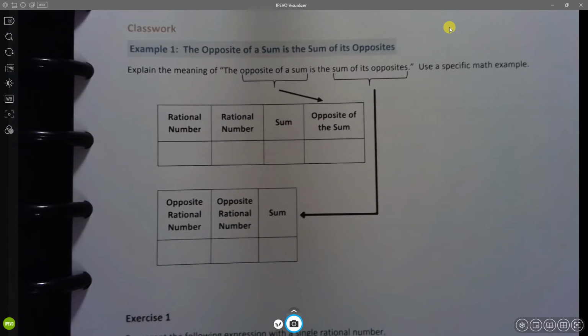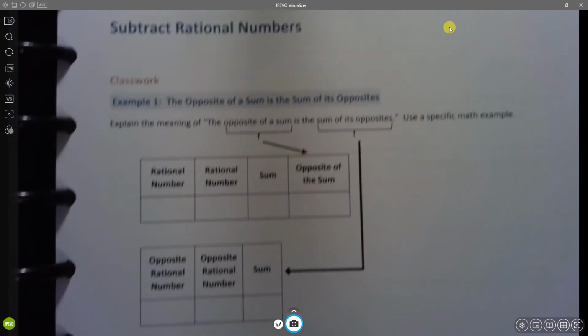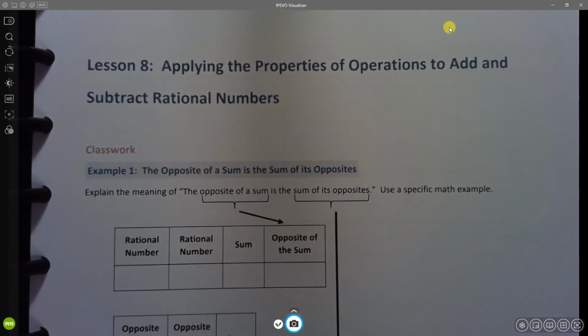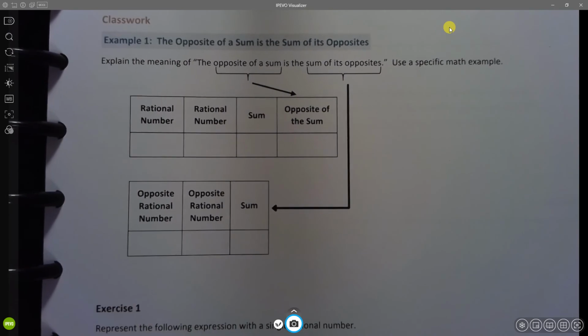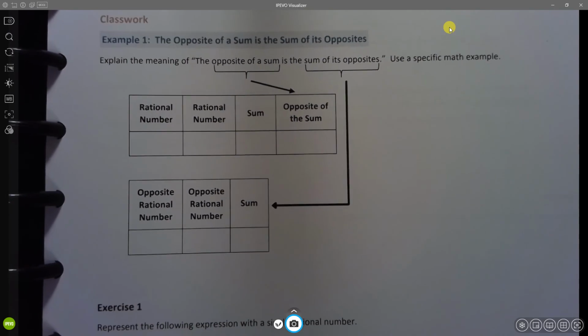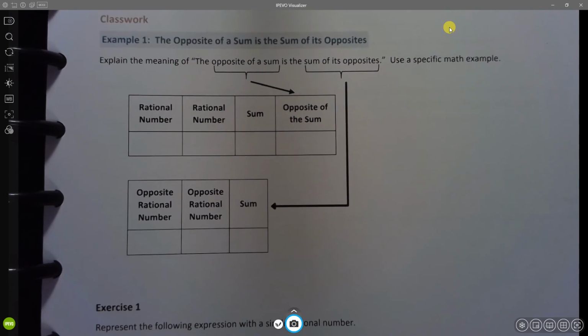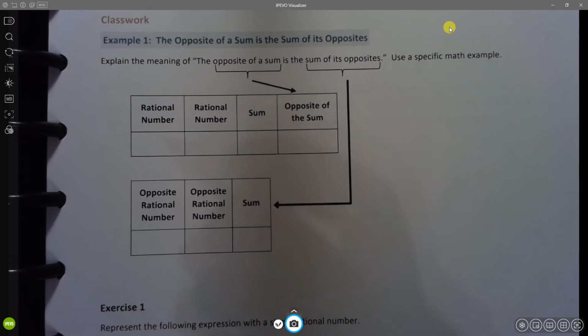All right, so classwork. Well, actually, let's look at the lesson title real quick. We're applying the properties of operations to add and subtract rational numbers. Okay. So example 1 says the opposite of a sum is the sum of its opposites. Okay. Well, I'm sitting here thinking, we've got to use a specific math example.